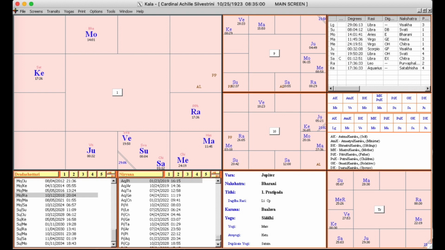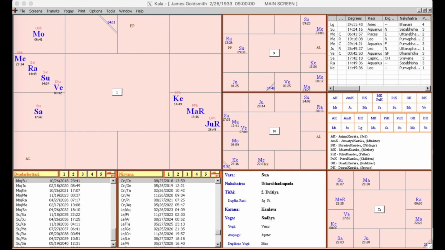Now, when a planet is retrograde, it'll actually have a little R or it'll have parentheses around it. Let me see if I can open a chart with a retrograde. Okay, so in this chart, it has a big R next to it. So when it's retrograde, there's a big R next to it.